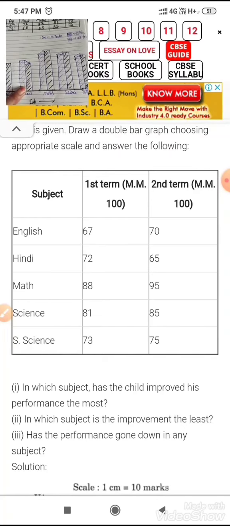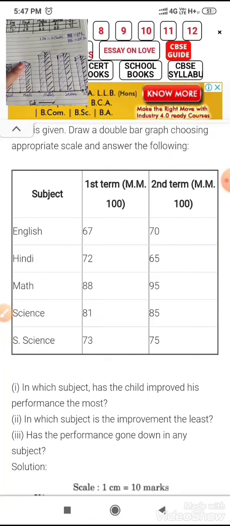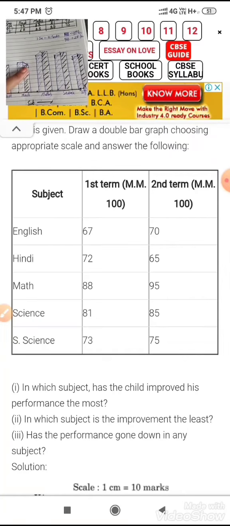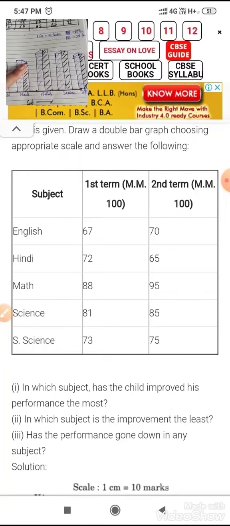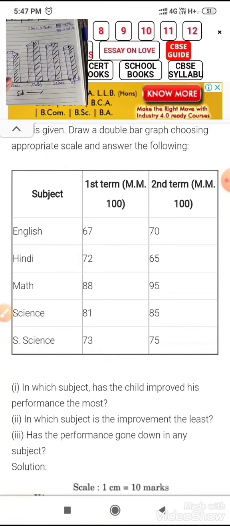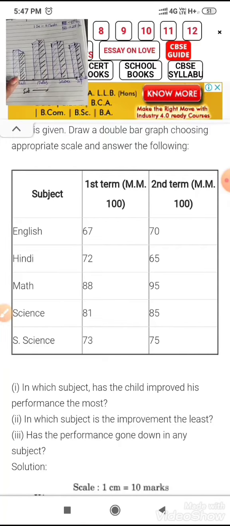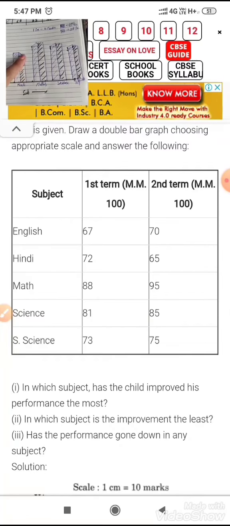In Hindi, the student obtained 72 marks in first term and 65 marks in second term. So first we draw a bar up to 72 and the next bar is up to 65.